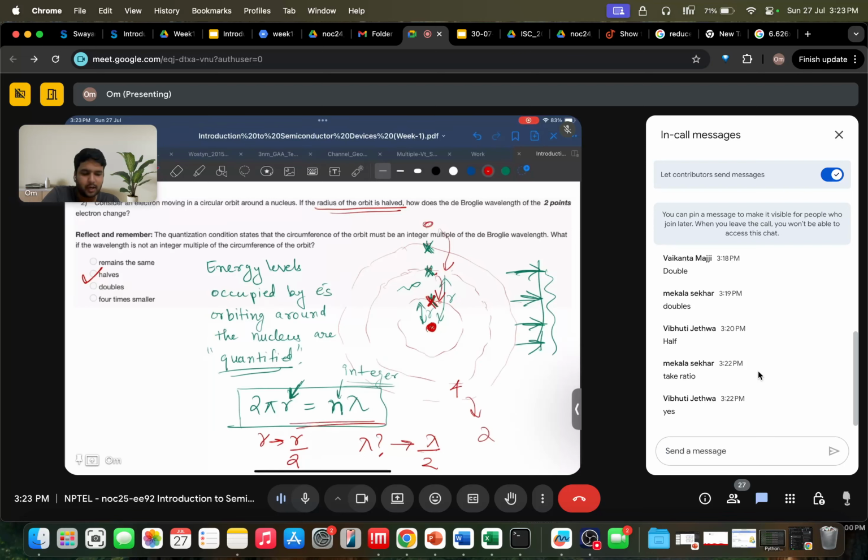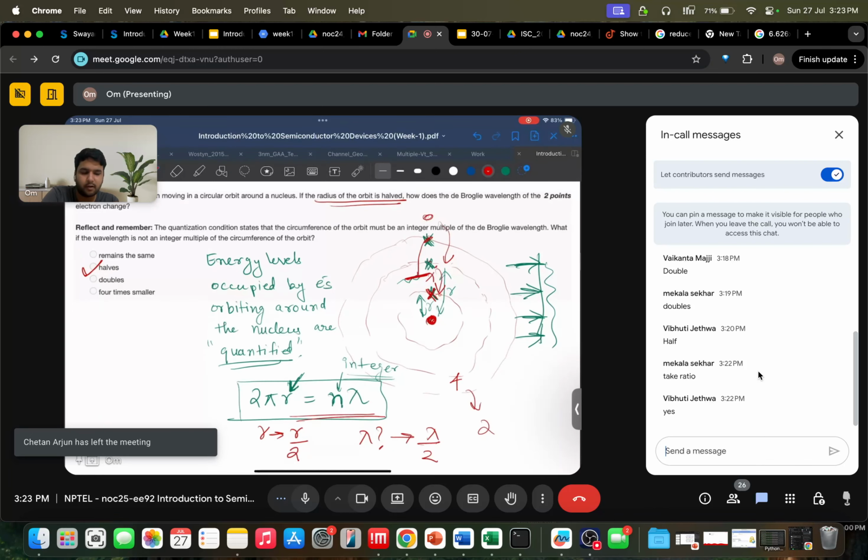Or you cannot go from third to somewhere in between, like 1.5. That is also not possible. Either it will go to the second state or the first state.